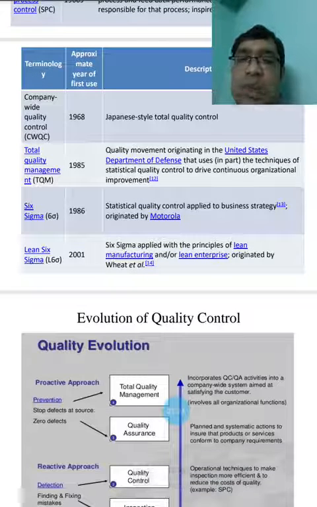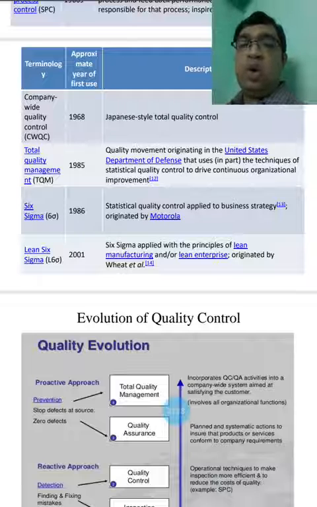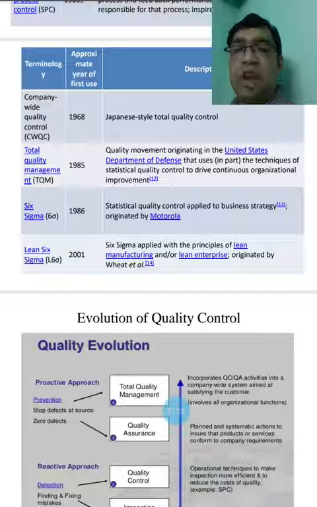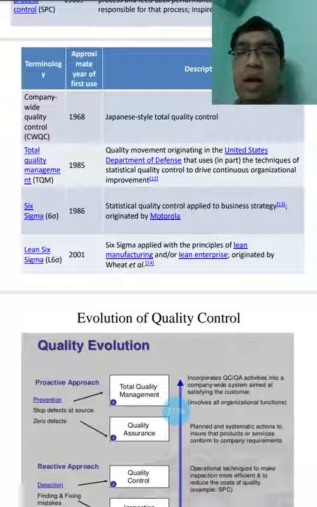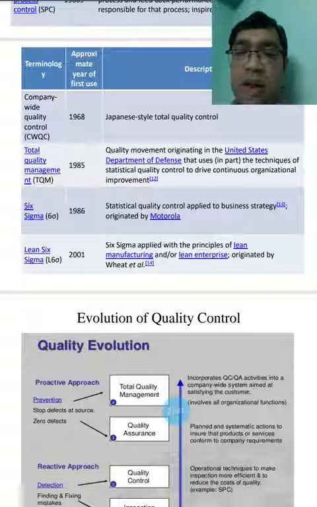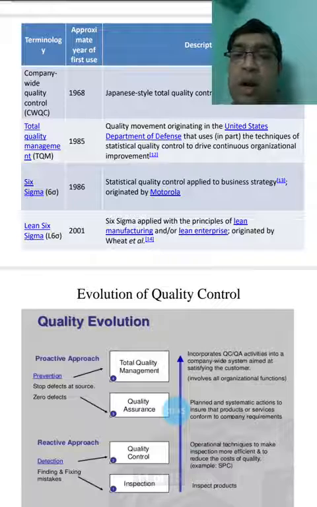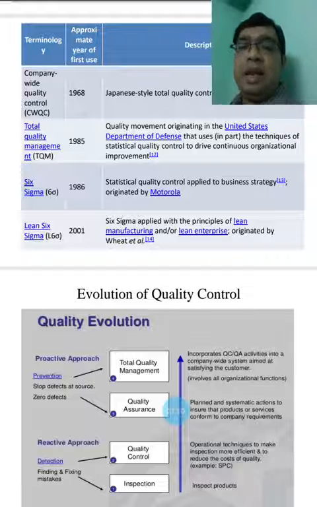And Lean Six Sigma was introduced in 2001, Six Sigma applied with the principles of lean manufacturing and the lean enterprise, organized by Ford et al. This comes to the lean industry.